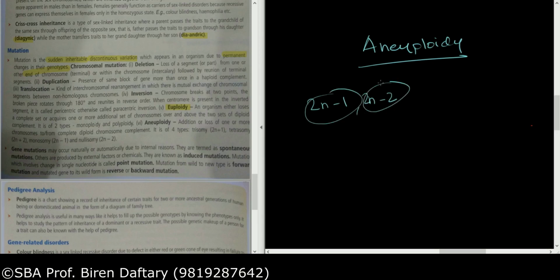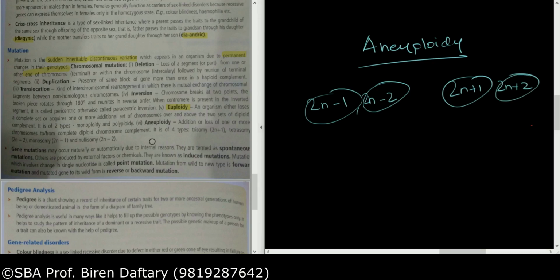If you want to see the types of aneuploidy, you might have examples like 2n minus 1, 2n minus 2, which indicate loss of chromosomes. Whereas you might have examples of 2n plus 1, 2n plus 2, which indicate addition of chromosomes. Correct?